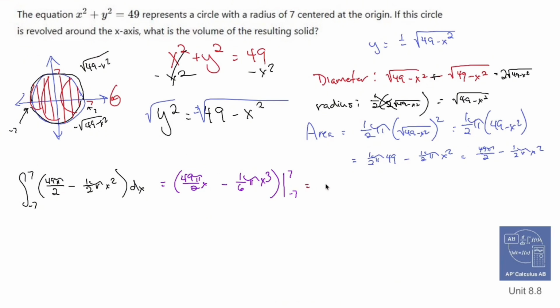It's not going to be pretty. We get 49 pi over 2 times 7, minus 1/6 pi 7 cubed, minus 49 pi over 2 times -7, minus 1/6 pi -7 cubed.